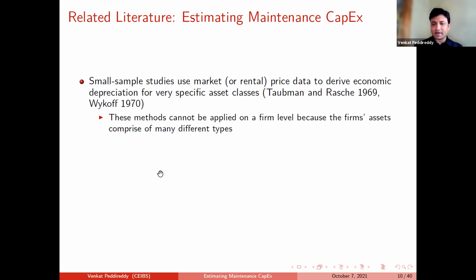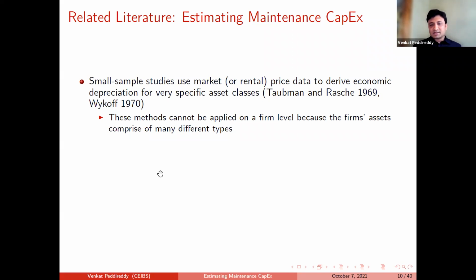In the past, in the 60s and 70s, a lot of papers were written on this issue, mainly because of inflation being too high. But the studies I found specifically concentrated on a particular asset, and they used the price data or the future rental values of these assets to compute the level of depreciation or economic capacity cost.